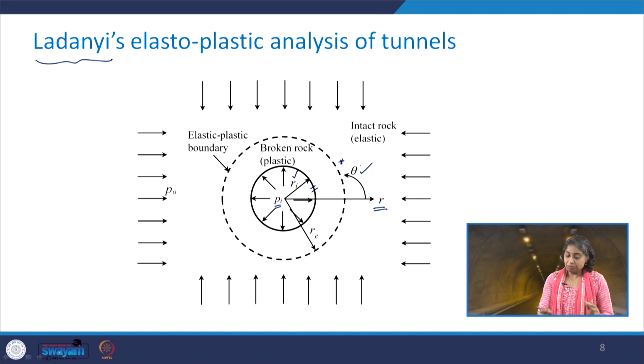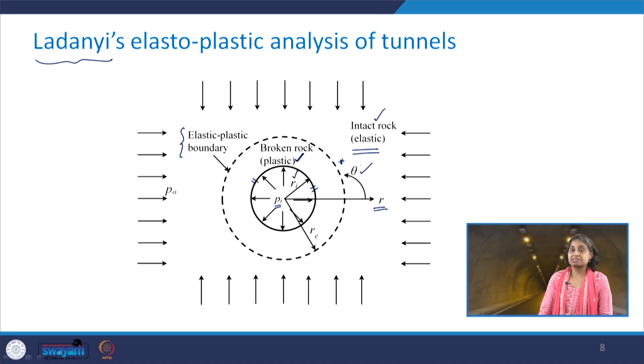Then immediately in the vicinity of this excavation, we have the broken rock which is in the plastic zone, and there we have a boundary called the elasto-plastic boundary or elastic plastic boundary, beyond which we have the intact rock which is again behaving as an elastic material.